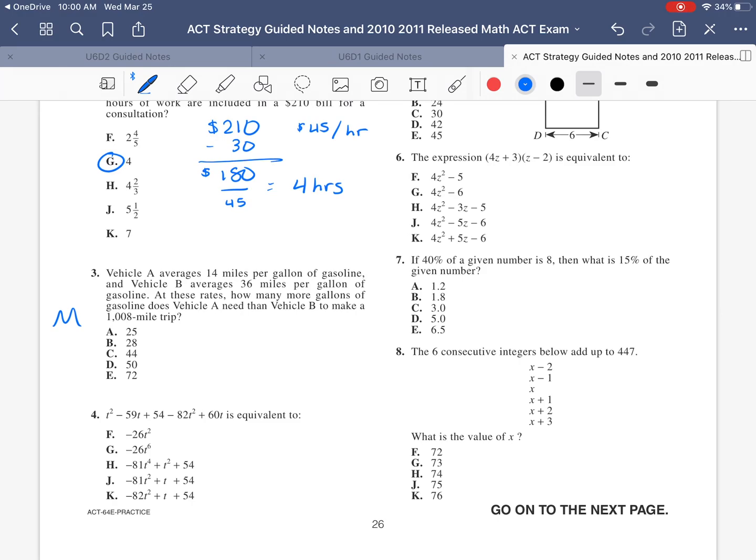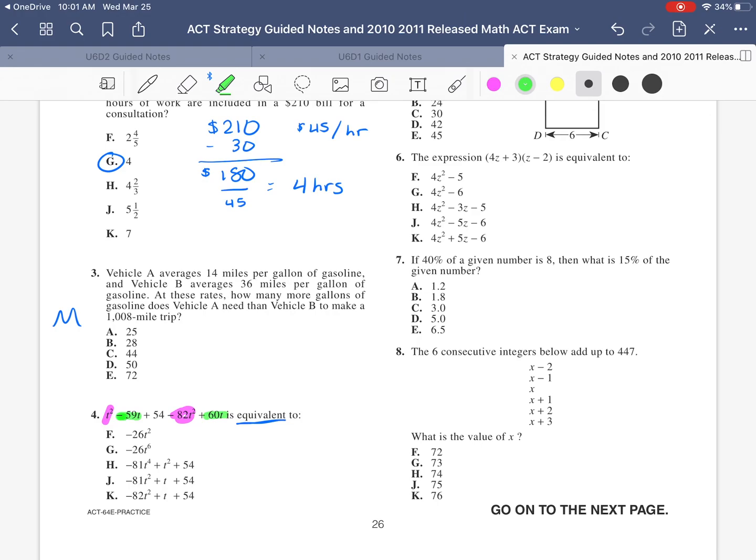Number 4, t squared minus 59t plus 54 minus 84t squared plus 60t is equivalent to, well, when I say equivalent, it just means I'm going to simplify and combine my like terms. So here, I know that I have like terms t squared here and t squared here.